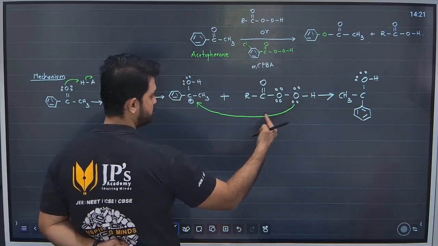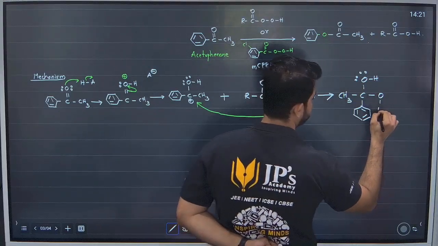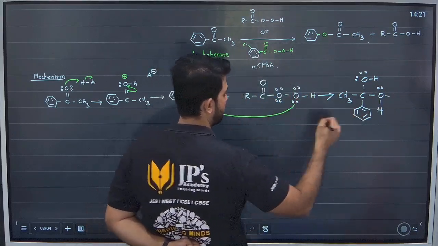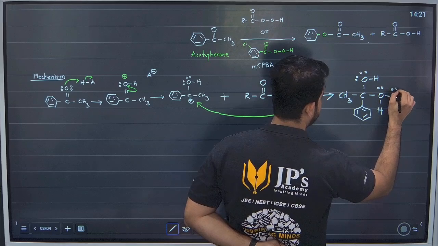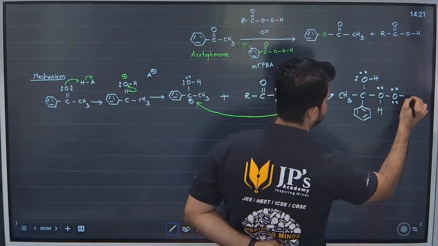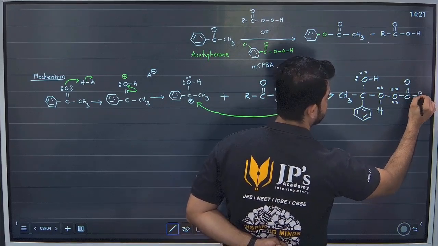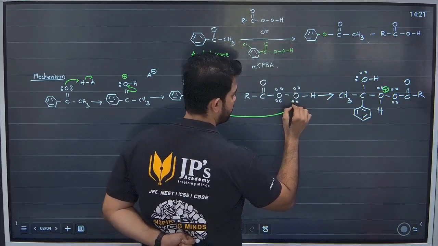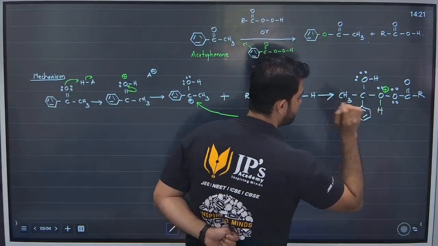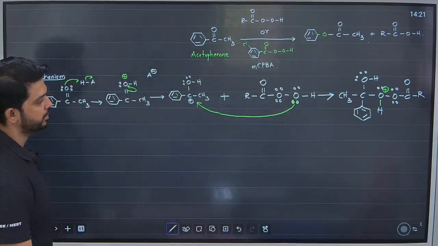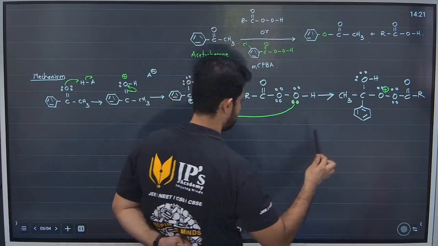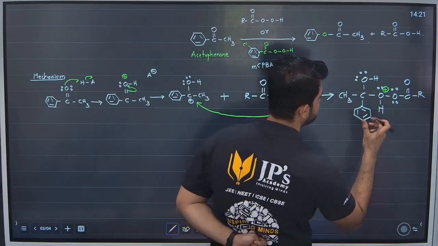And then this oxygen is now bonded to the carbonyl carbon. It had two lone pairs, now it has one because one of the lone pairs is now present bonded to the carbonyl carbon, that is here.